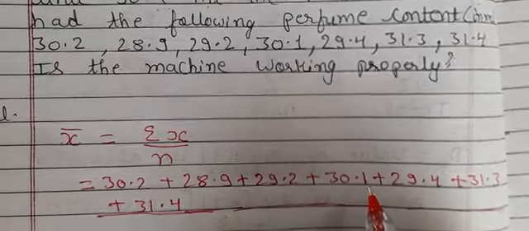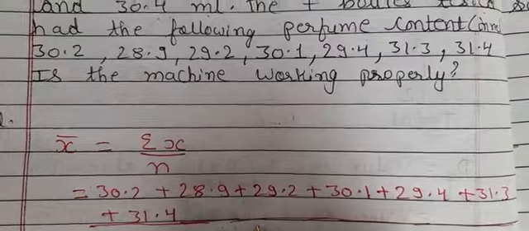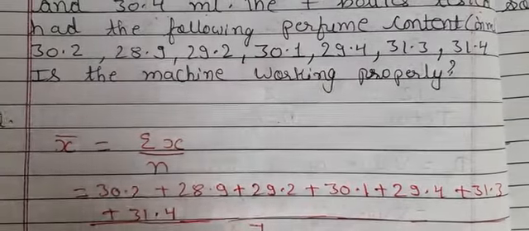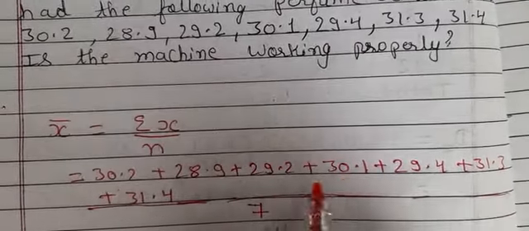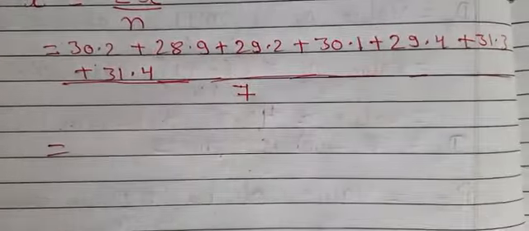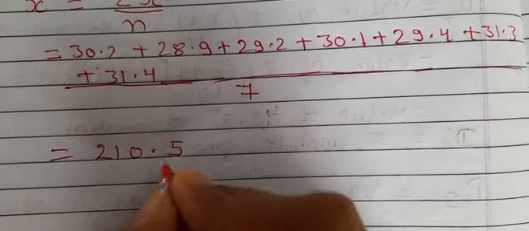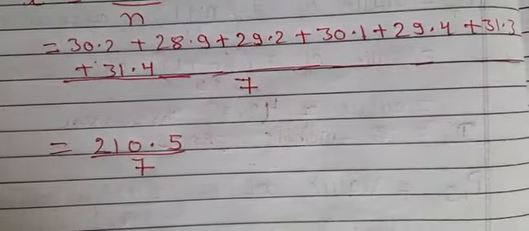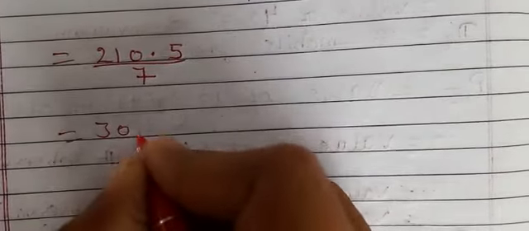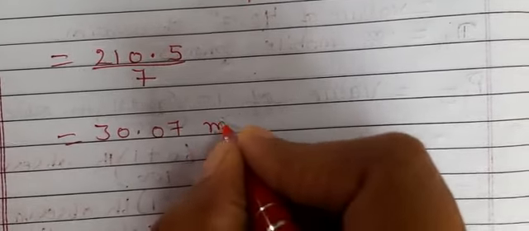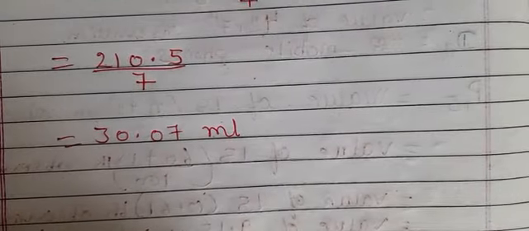now how many observations are there? 7 bottles they have given us, so n is 7. When we add all these observations, we'll get our answer as 210.5 upon 7. When you divide 210.5 by 7, you'll get 30.07 milliliters.